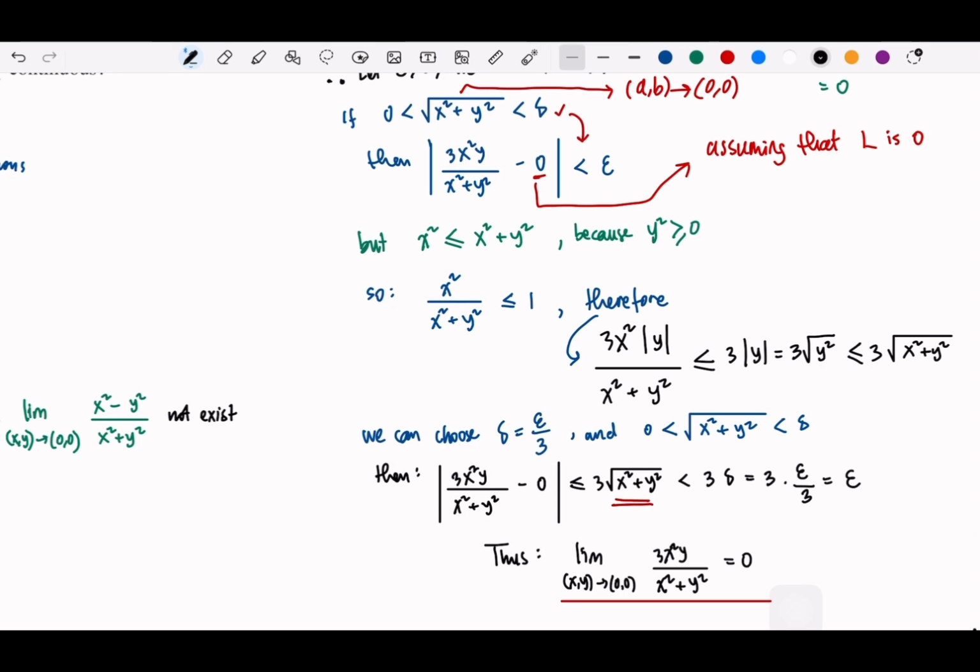We understand that they are similar, so delta is approximately equal to epsilon. Like an approximation. So if this all works, then this limit exists.